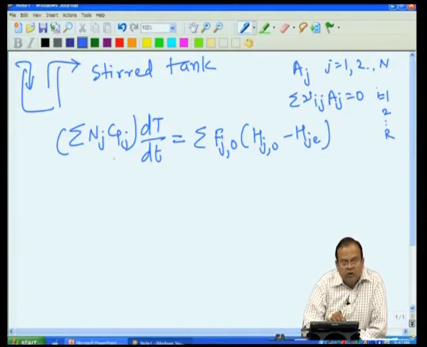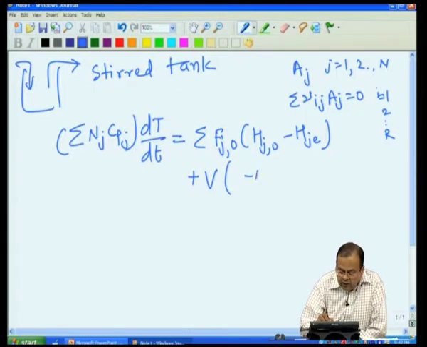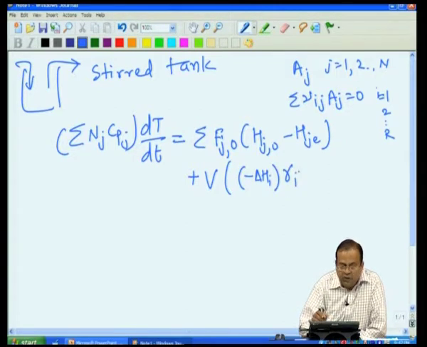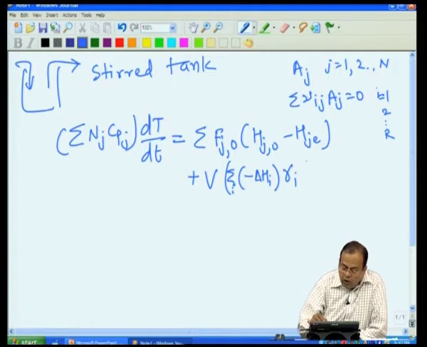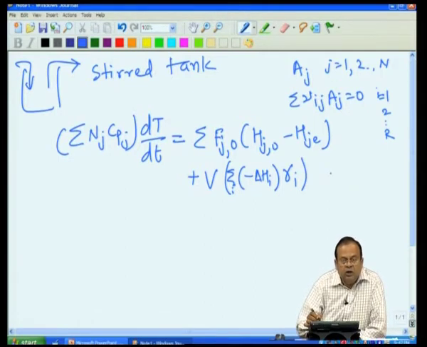So, the accumulation is a result of the energy difference between the stream coming in and going out, plus there are reactions taking place, and each reaction has a heat of reaction delta H_i. The reaction is taking place at a rate Ri, and the sum over all these reactions will be the total energy that is generated in the system.